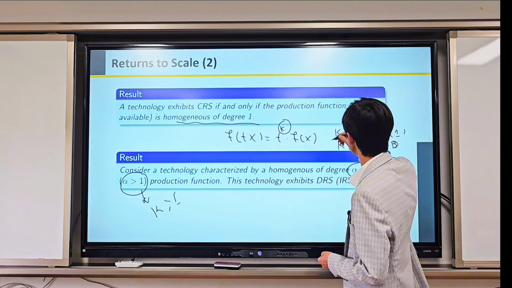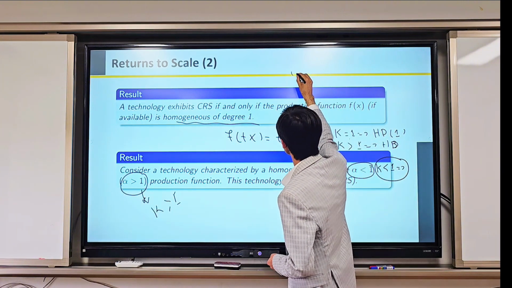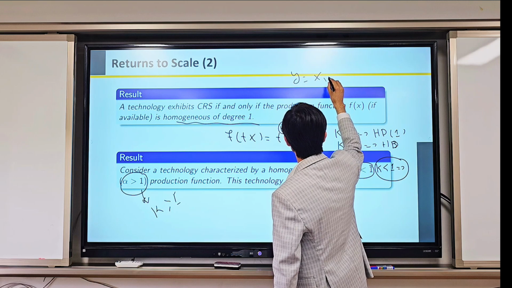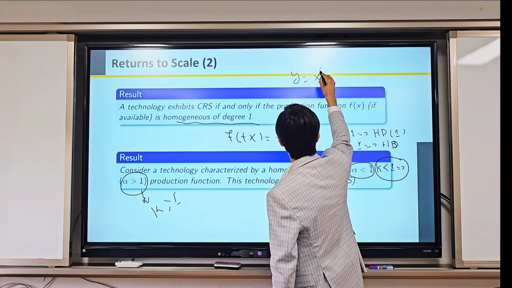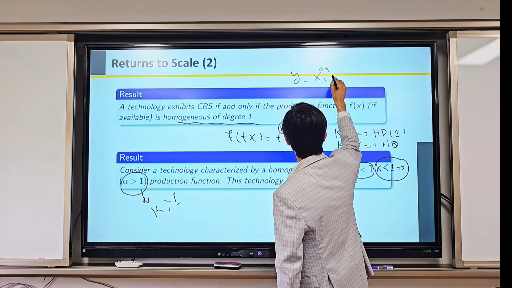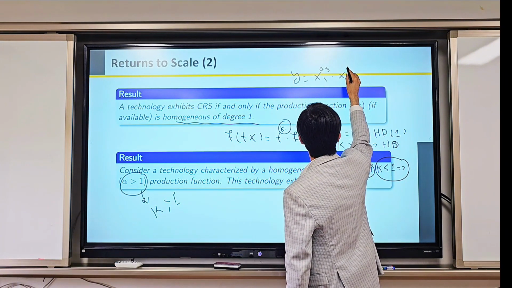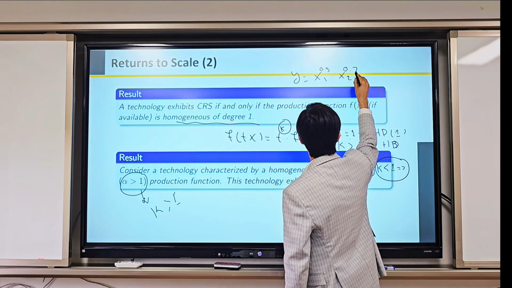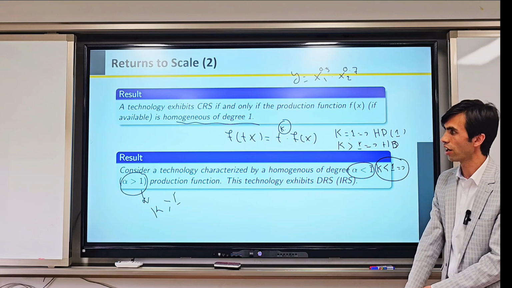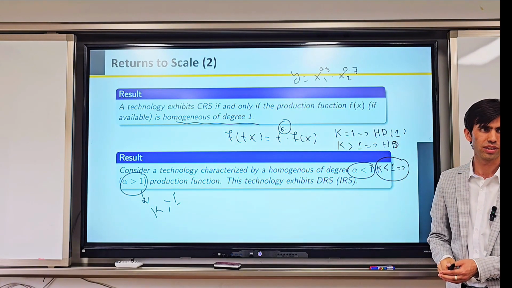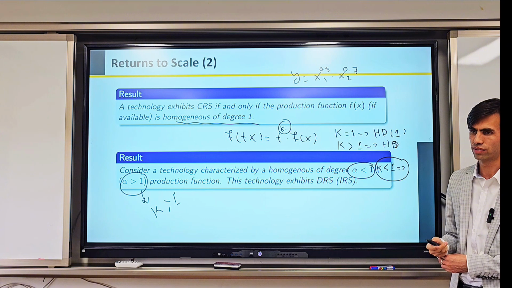So let me give you a production function. For example, if we have y equal to x1 to the power of 0.5 multiplied by x2 to the power of 0.7. What kind of return to scale will this production function show?